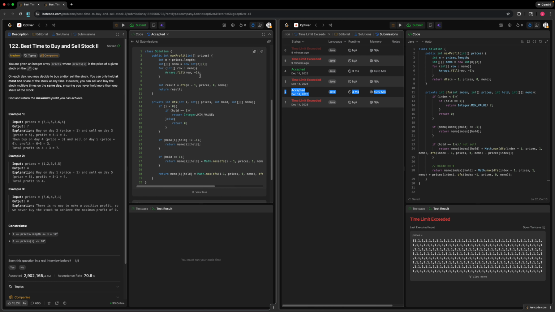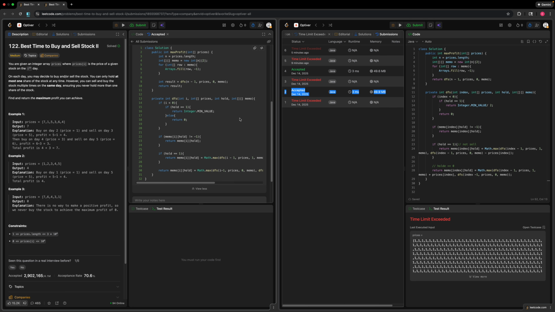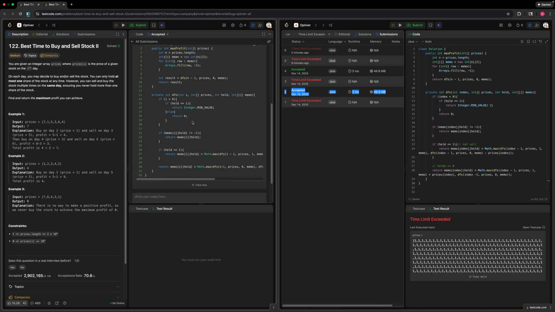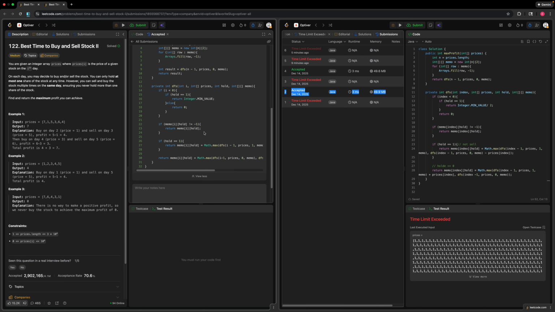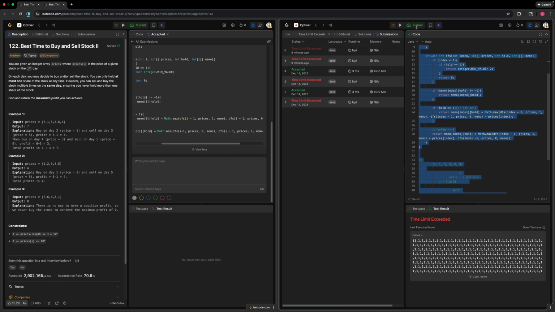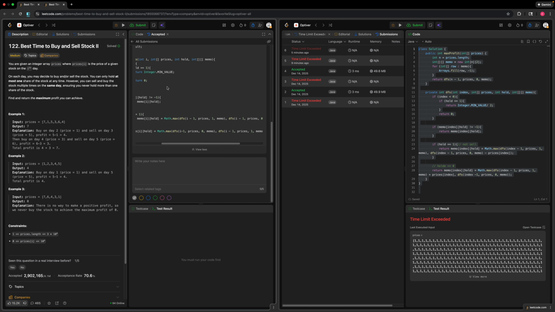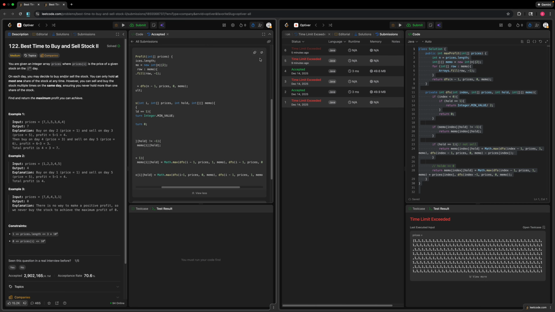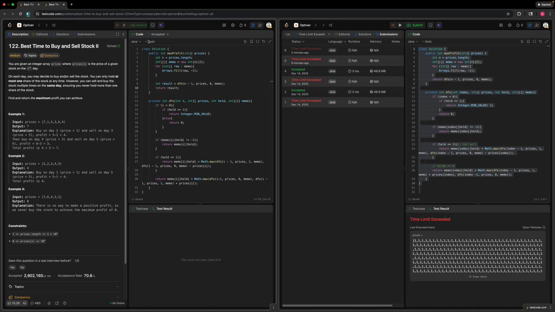Memory is memo without prices, 0, memo. If index, hold equal to 1, return the minimal value. If index is equal to -1, we can directly return the result. Okay, if I copy this and use this one, it still gets time limit exceeded.